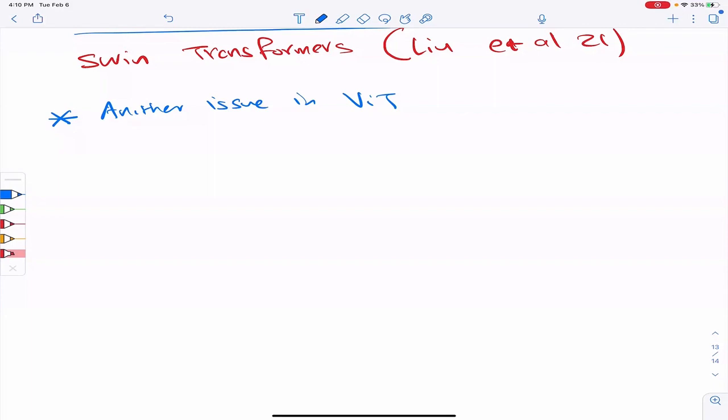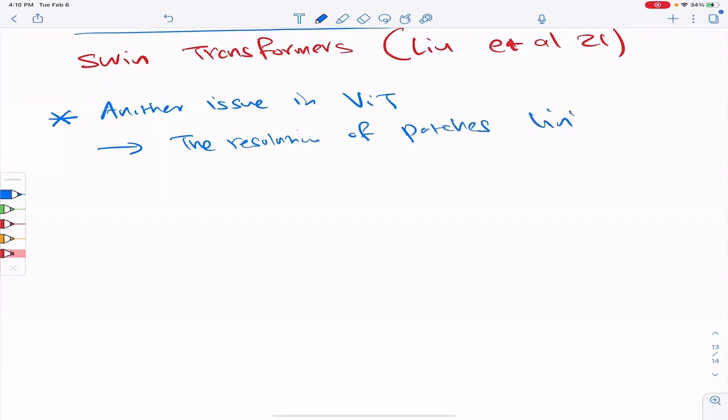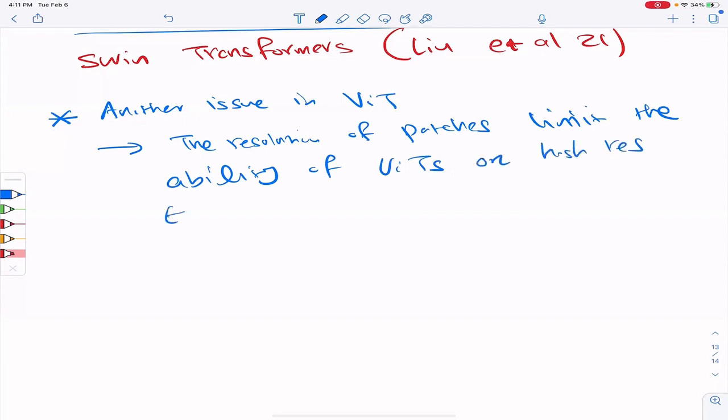All right. So another issue is that the resolution of patches limits the ability of vision transformers on high resolution tasks.